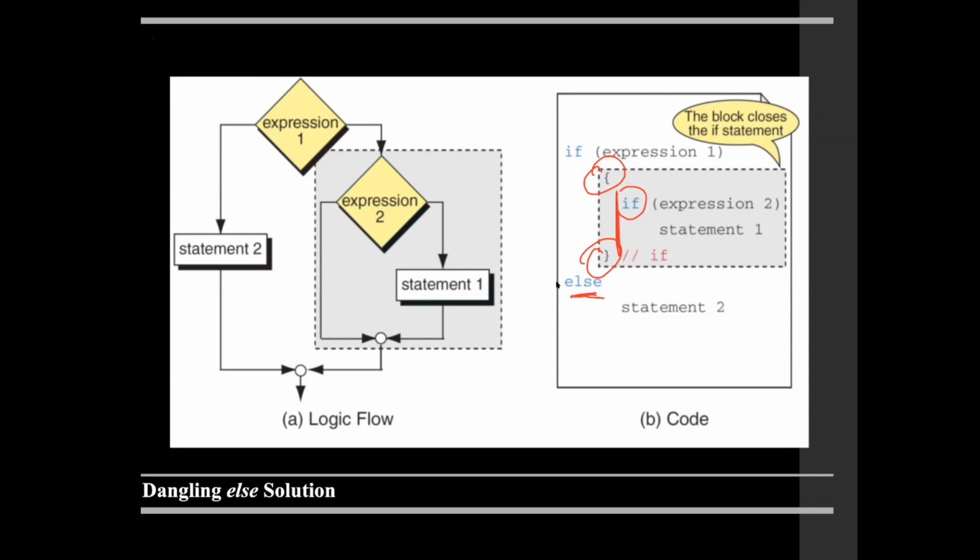So this else in this case goes with this if. This is another way of safeguarding your code, making sure that you don't have dangling or stray code or logic that goes to places where it's not supposed to go, by using this begin curly and close curly to contain all of your logic in one place. If in doubt, use your curly braces as much as you need to illustrate your point. That is what's called a good coding practice.